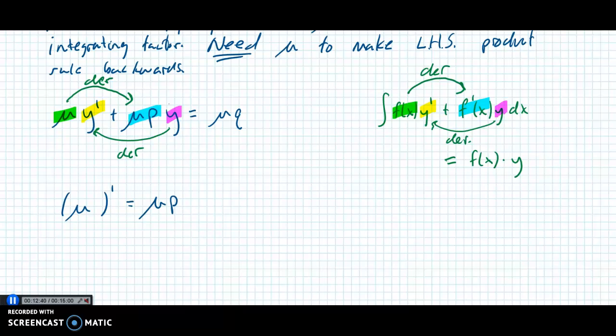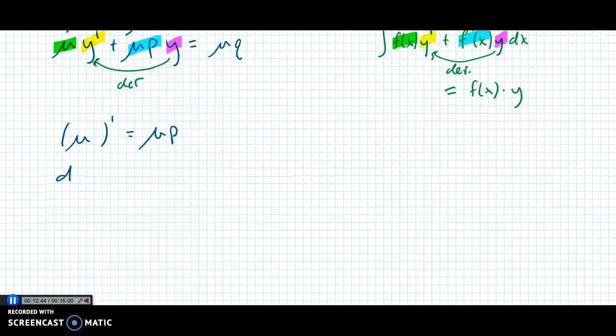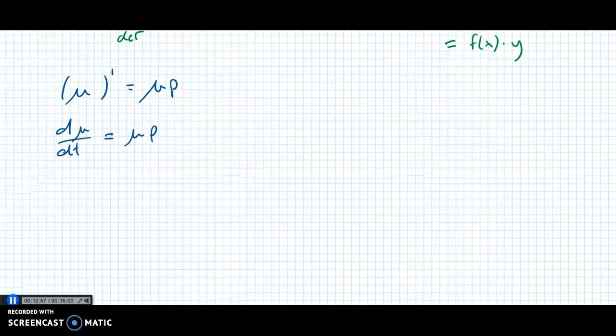That's what I need. If I have that, I get product rule. So how do I rewrite that? I get d mu dt is equal to mu times p. How do I solve this thing? Oh snap, it's separation of variables. So let's do that. d mu over mu is equal to p dt.